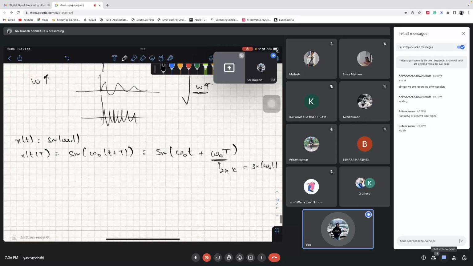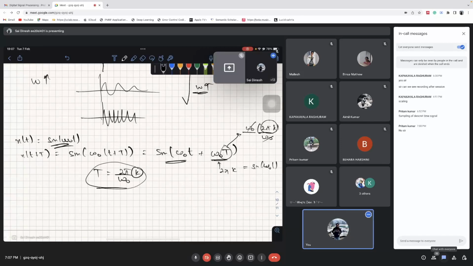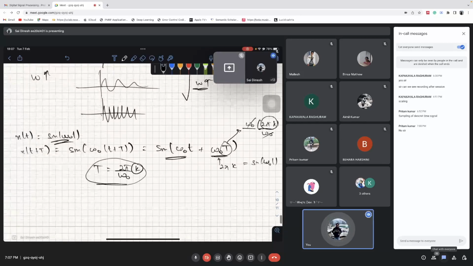So this is always periodic with T equal to 2 pi by omega naught, or a multiple 2 pi k by omega naught; what you are left with is an integer multiple of 2 pi, so it is again equal to this. So a real continuous sinusoid is periodic with 2 pi by omega naught. As omega naught increases, T decreases.